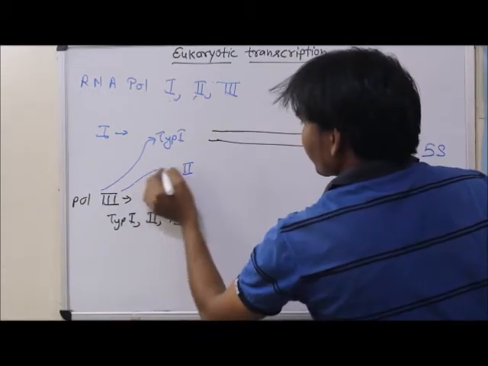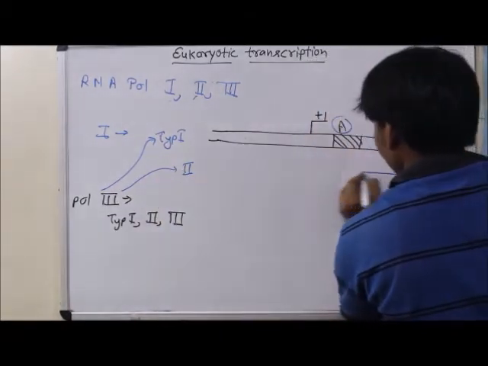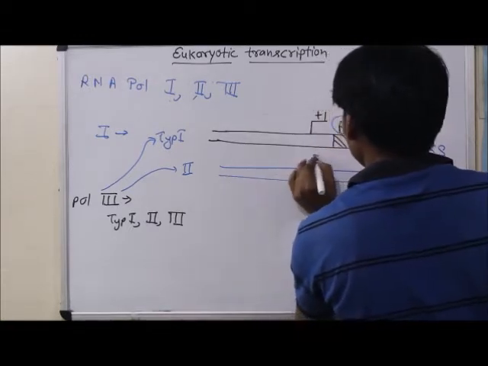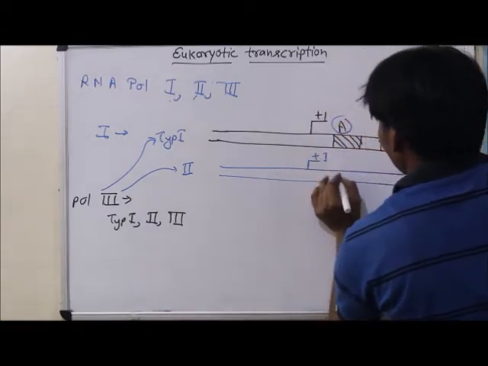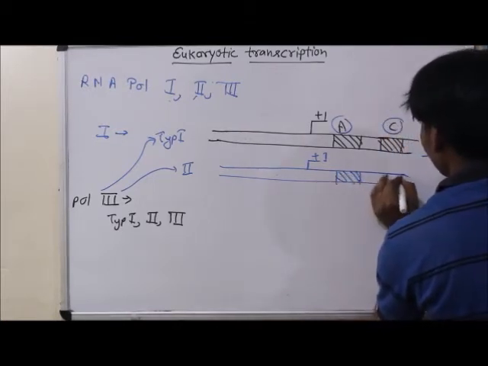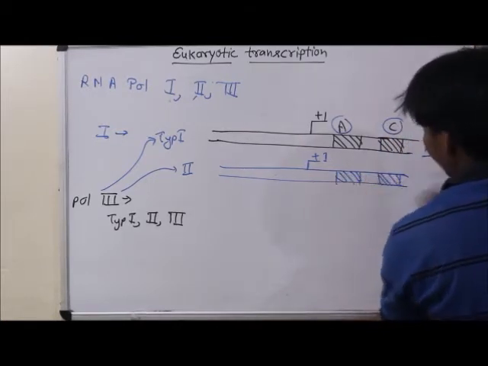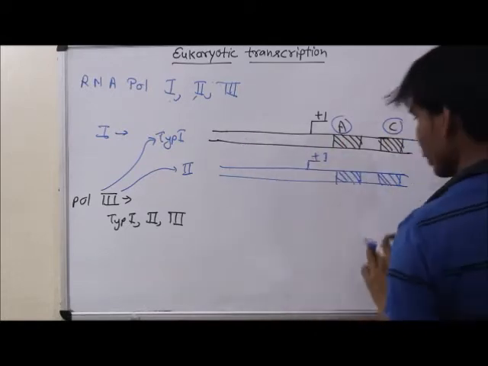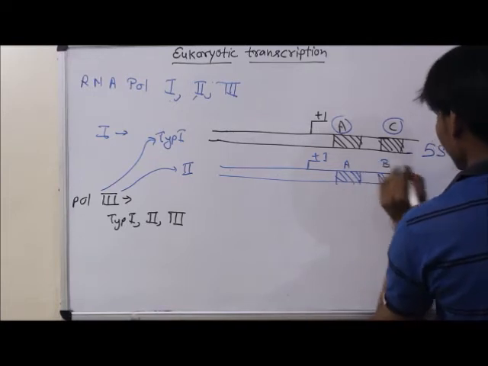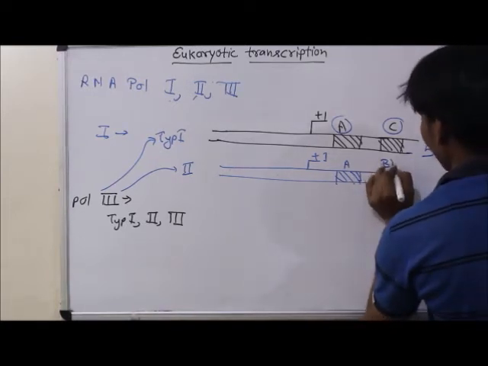Type second promoter of RNA polymerase III: there is +1, and it also contains boxes but differs from the first. That is the A box and the B box.